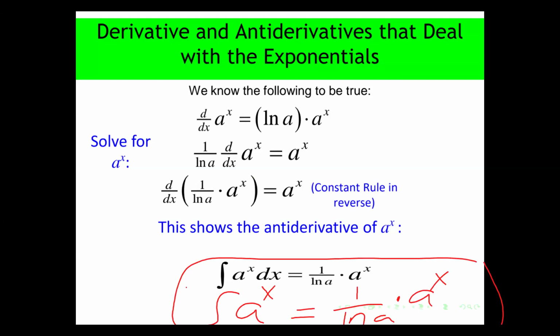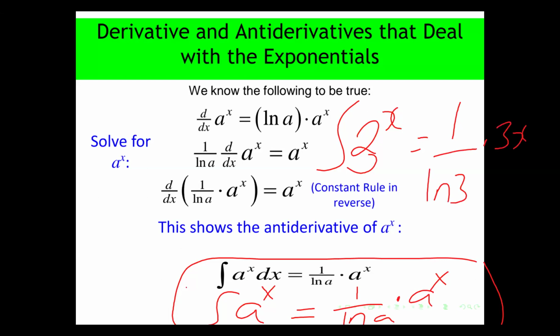So that if we have the integral of 3 to the power x, it can be equal to 1 over the natural log of what? 3, times 3 to the power x, because you're repeating the whole expression, right?